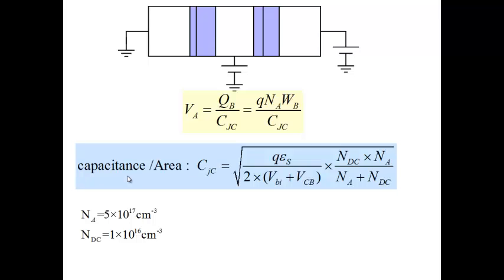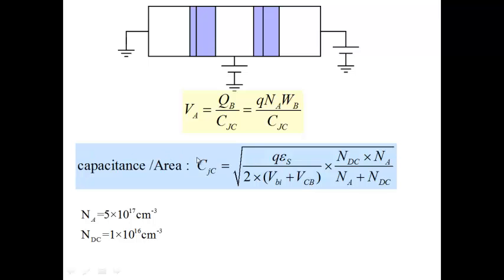The base collector voltage, yes. Early voltage remains, yeah. Right, it does depend, but it's a weak dependence. Yeah, that is true.